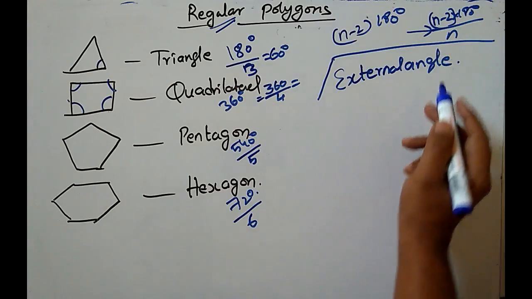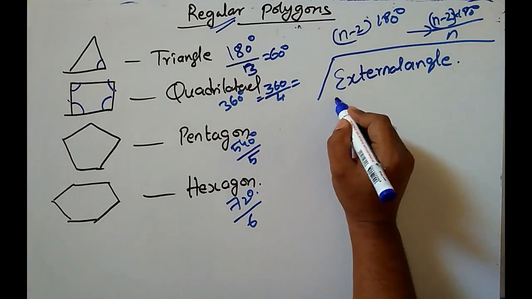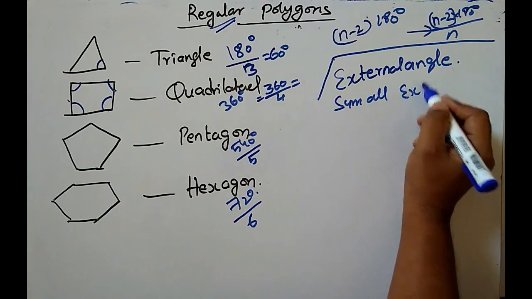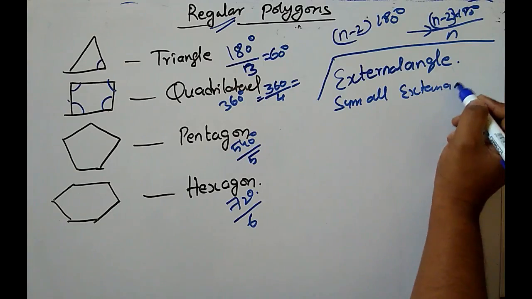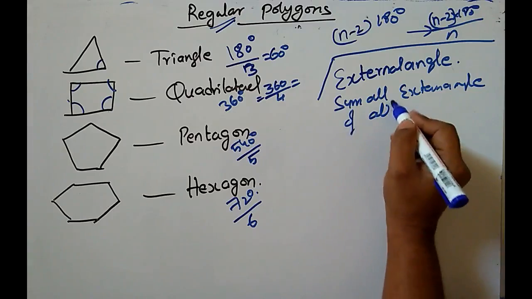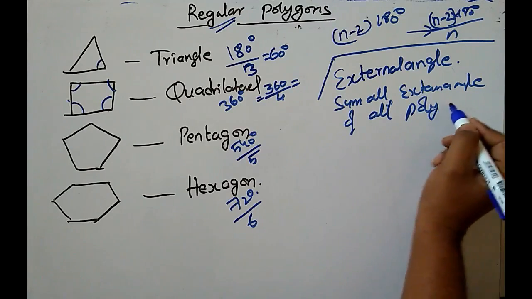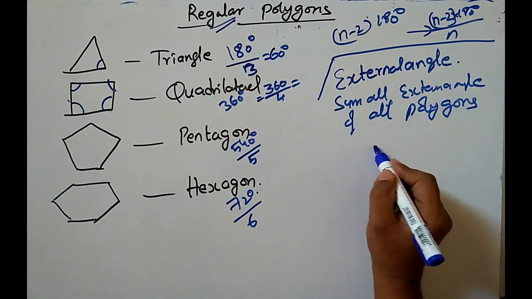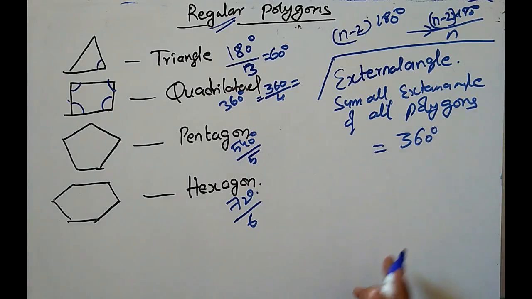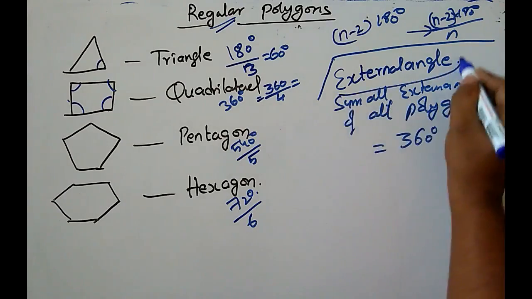Surprisingly, friends, the sum of all external angles of all polygons is equal to 360 degrees. First of all, you have to know what an external angle is.